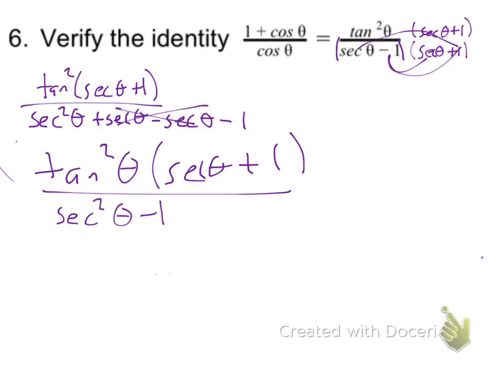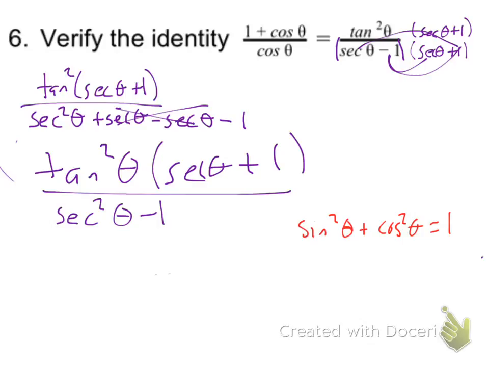So, let me write that down again. And I want to get somehow a secant theta. Where does secant theta usually come from? Or what is a secant again?